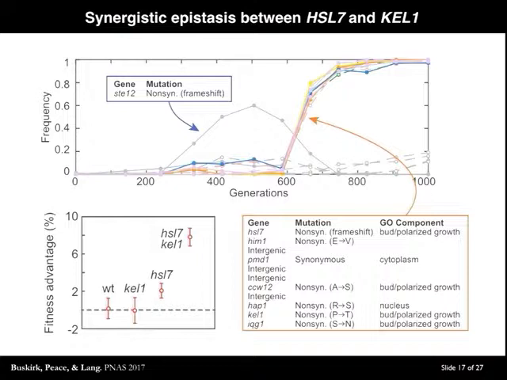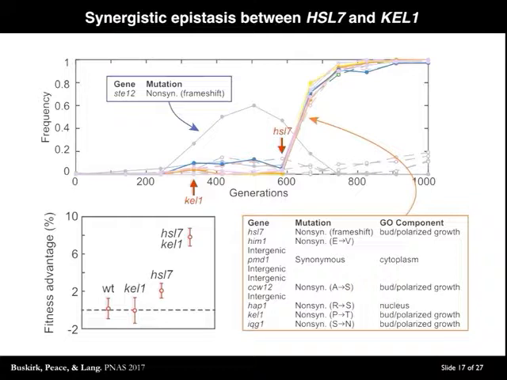It was interesting. And then we started looking back, and you can notice that we can actually see some of the mutations at earlier time points before they really took off. We noticed that, surprisingly, the KEL1 mutation arose several hundred generations before the HSL7, which means we had a neutral mutation that hung out at very low frequency until this HSL7 mutation arose within its background, and then it and everything else with it swept to fixation.